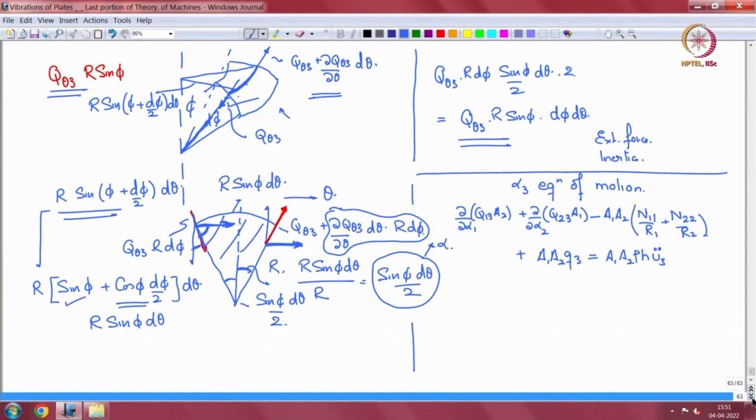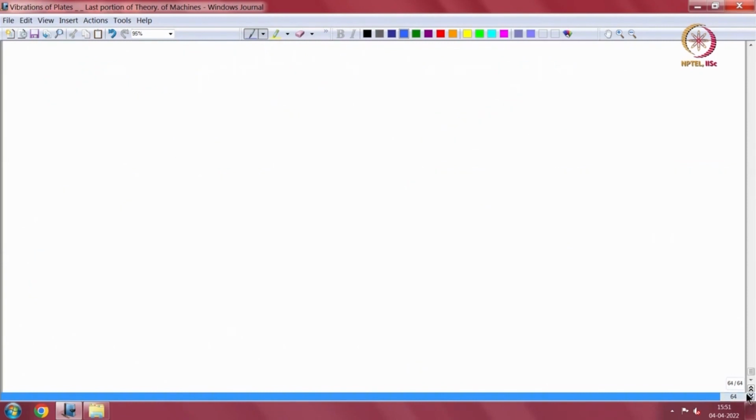So the first term for us looks like del by del phi of q phi 3 times r sin phi. That is the first term.